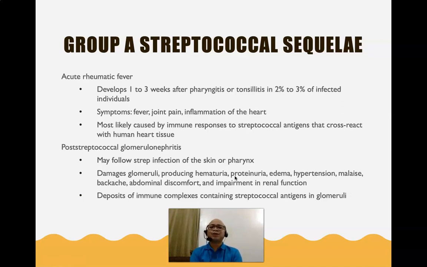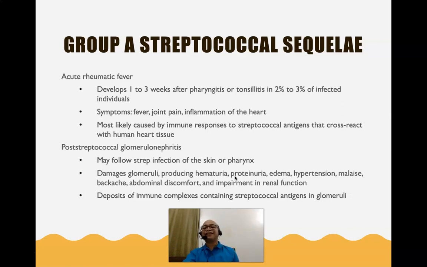However, the one that we do not want to happen, especially if we leave it untreated, is the so-called post-streptococcal infection. This is the sequelae or the consequence of having group A streptococcal infection, such as acute rheumatic fever. It develops 1 to 3 weeks after pharyngitis or tonsillitis in 2 to 3% of infected individuals.